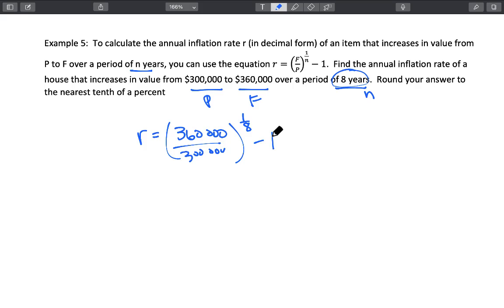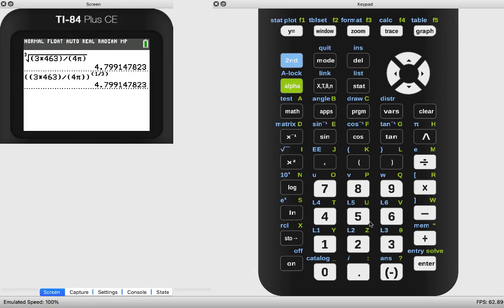Going back to our calculator here, we'll enter in our quotient of 360,000, divide that by our 300,000, and now we can raise that to our 1/8 power.